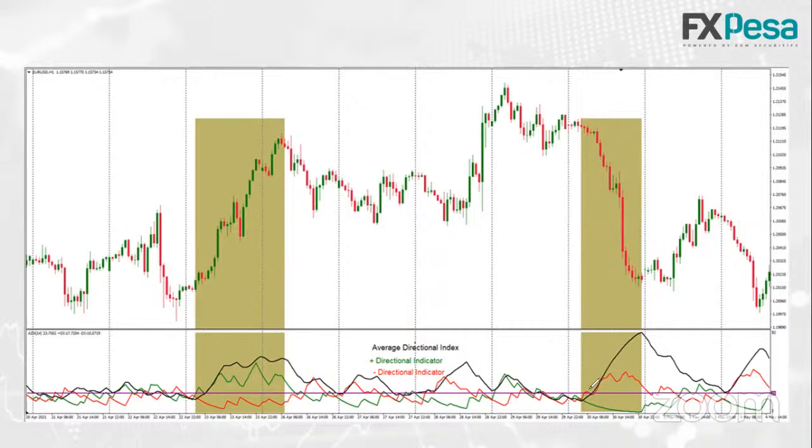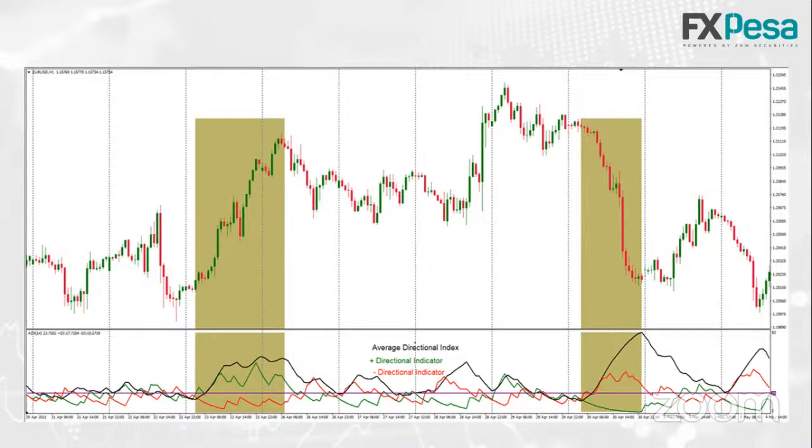Then this is an indication of an increasing negative momentum. You'd have ADX rising. At the same time, the fact that negative DMI is above positive DMI signifies that the prevailing momentum is a bearish momentum.